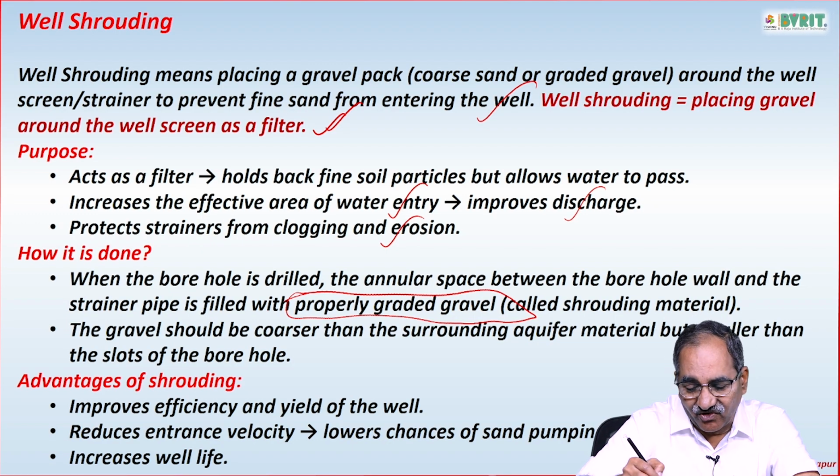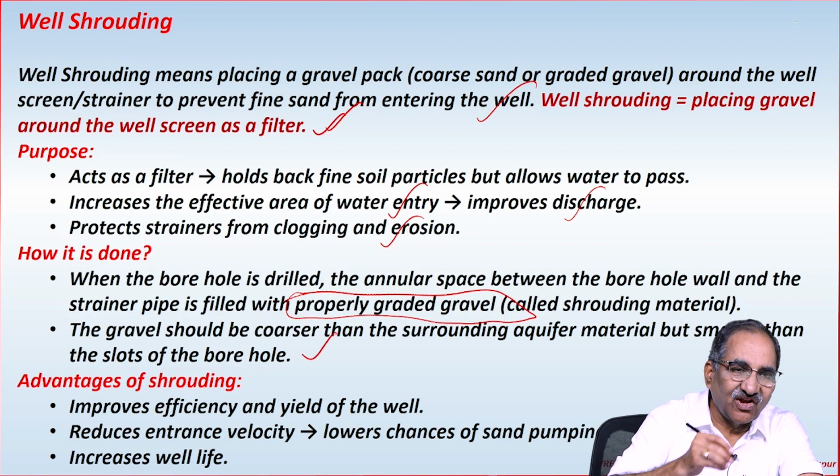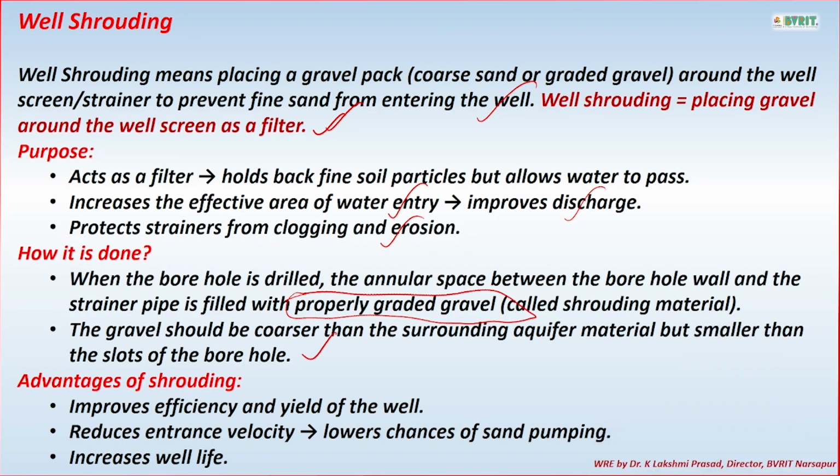The gravel should be coarser than the surrounding aquifer material but larger than the slots of the strainer. It improves efficiency and yield, reduces the entrance velocity, lowers the chances of sand pumping, and increases the well life.